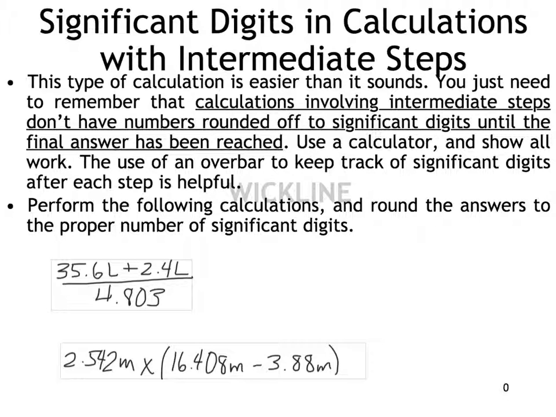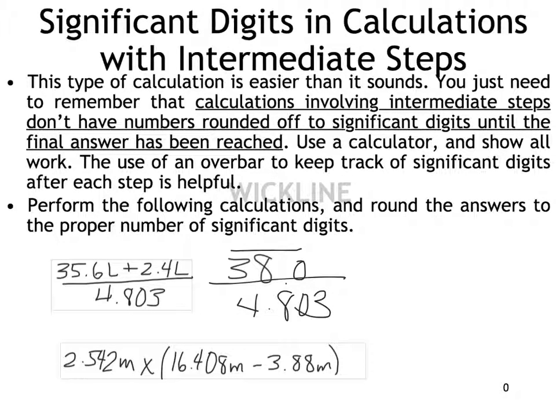So for instance, let's do the first one. When you do 35.6 plus 2.4, I believe you get 38. But remember, it's an addition subtraction, so I need to have the same number of decimals as the two numbers that made it. So that has one decimal and that has one. So I'm actually going to write 38.0. And all of those count. And then I have a fraction bar, and it's over 4.803.